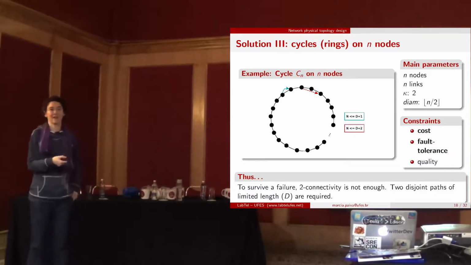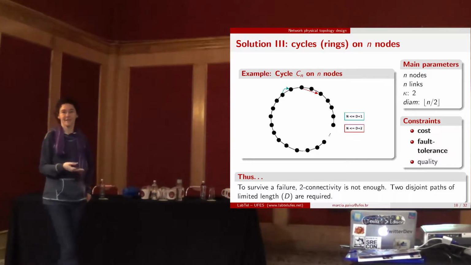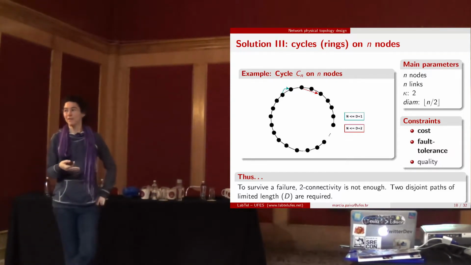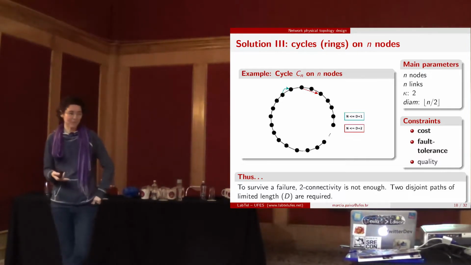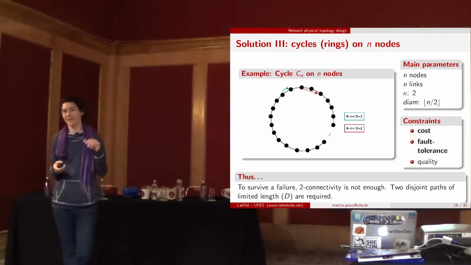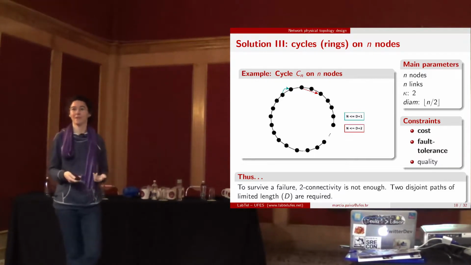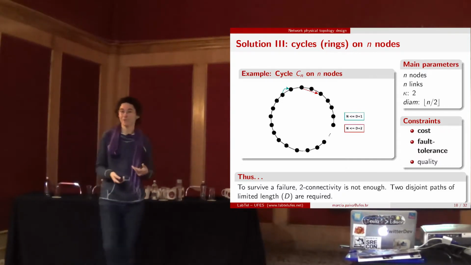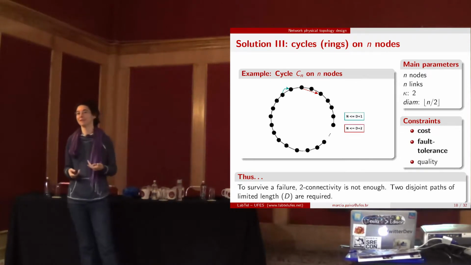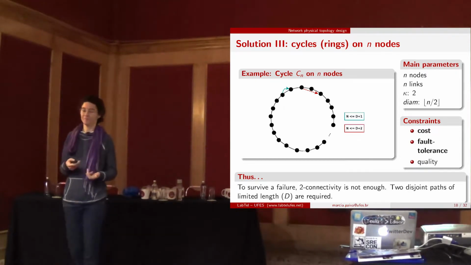To survive a failure, in the sense that the network remains connected and the signal will be received, we have to design a network where instead of just two paths interconnecting any pair of nodes, we have two shortest paths, or two geodesics.